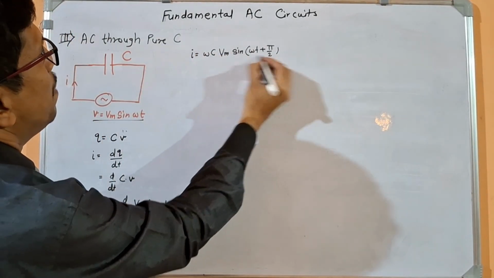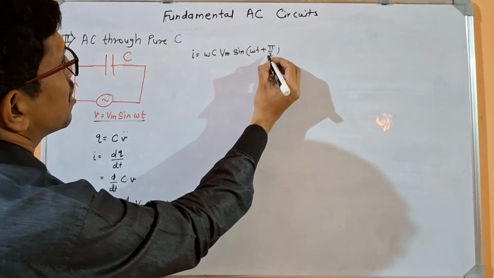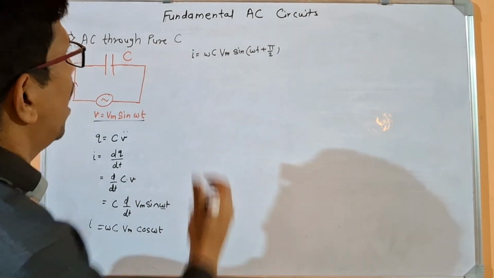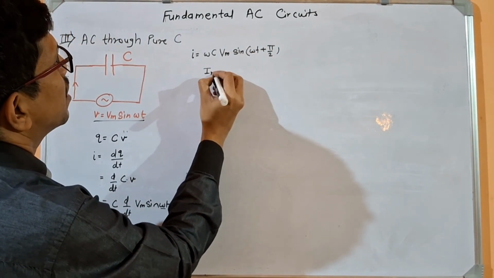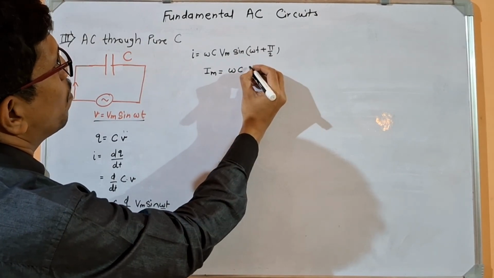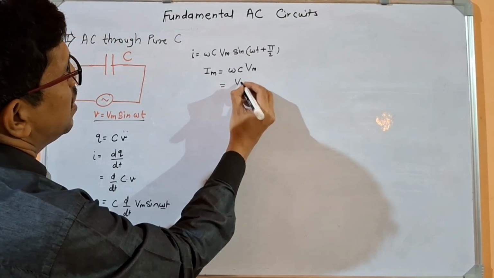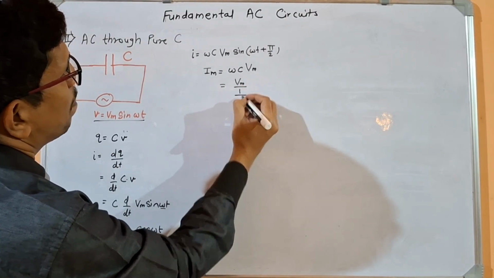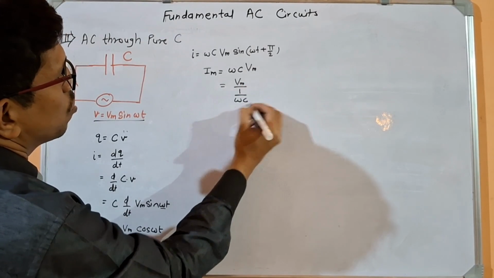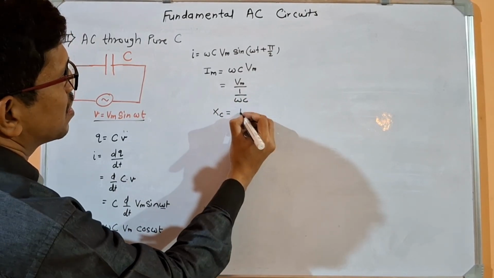Now this will be maximum when sin(omega t plus pi by 2) turns out to be 1, and that maximum value is written as Im equals omega C into Vm, or you can write 1 upon omega C. So this 1 upon omega C is nothing but the capacitive reactance.